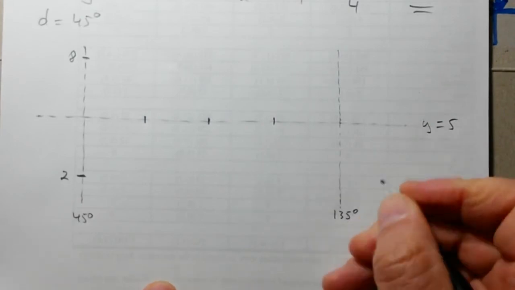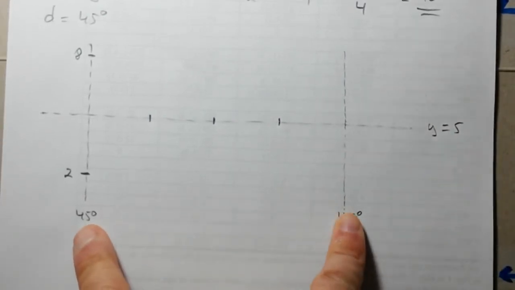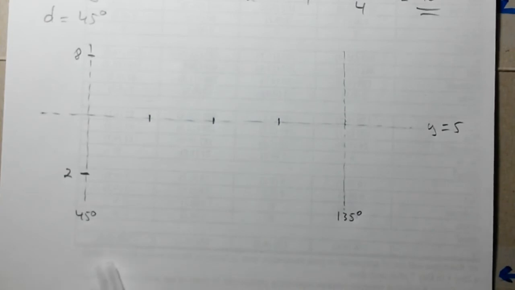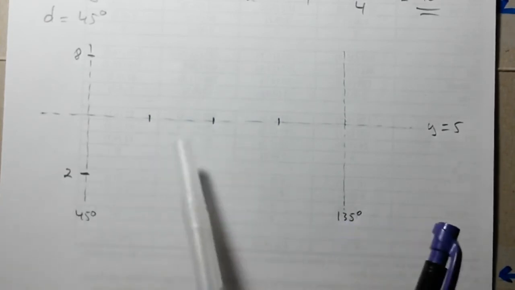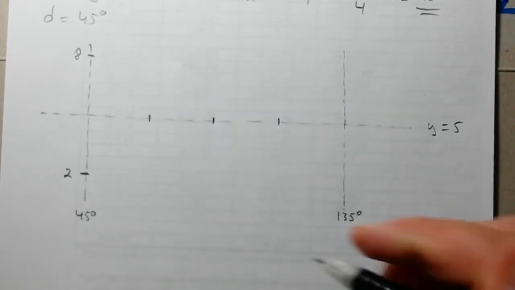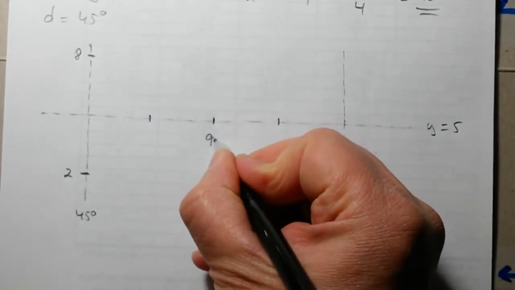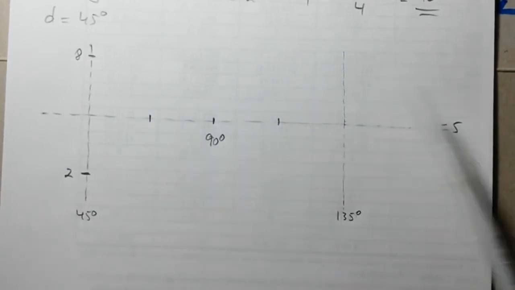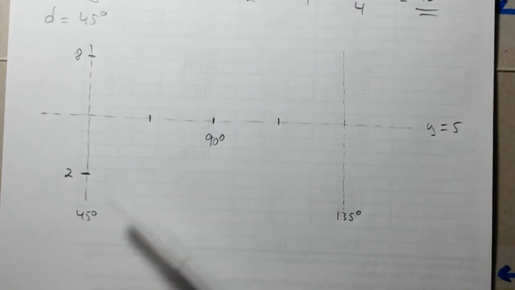135 degrees. Okay, now of course this is 90, that's the period. So if from here to here is 90, from there to there is 90, then halfway of 90 is 45 degrees, so 45 plus 45 gives us 90 here. And then between these two is 45. Half of 45 is 22.5. So I add 22.5 to this.